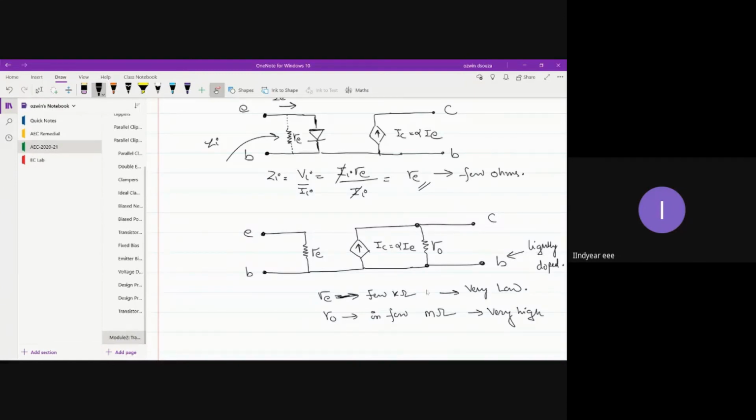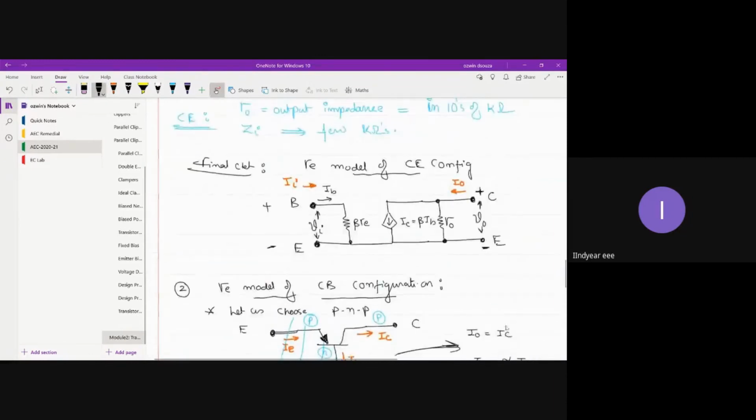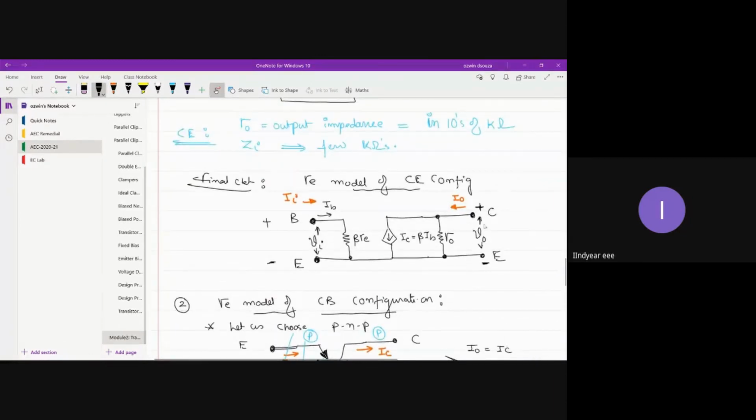That's the reason the conductivity is very poor in the base, and due to that fact, the output junction will have a very high resistance.